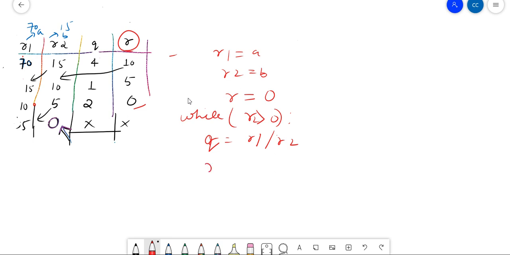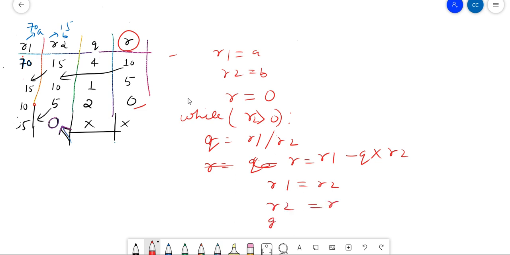Then r equals r1 minus q into r2. Okay. Now r1 becomes r2 and r2 becomes r.